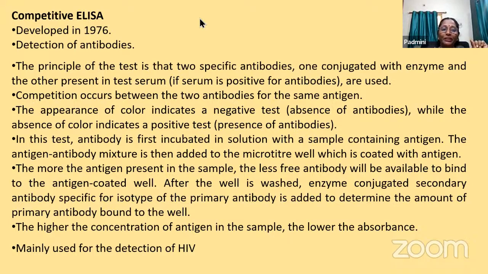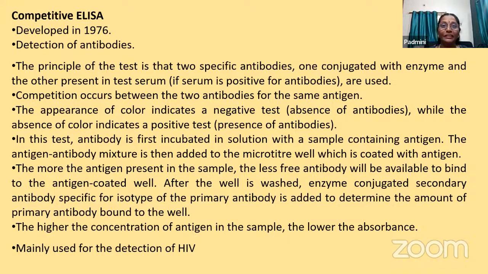So there's a competition occurring between these two antibodies for the same antigen. The appearance of the color indicates a negative test, that is, absence of antibodies. And the absence of the color indicates a positive test, presence of antibodies. Now, what are these negative and positive test colors in the competitive ELISA technique?